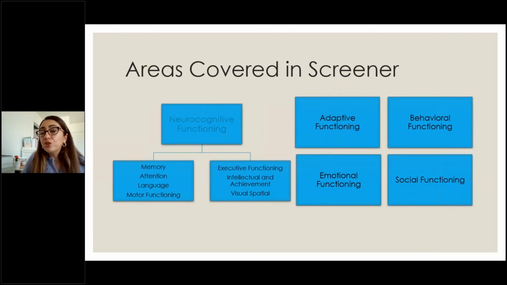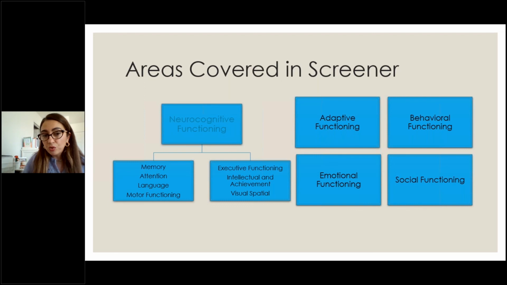So in the literature, in terms of the central nervous system domains that I've been talking about, we have neurocognitive functioning. Neurocognitive functioning is everything regarding the impact of alcohol on the brain. So we know that for FASD, the areas that get impacted are memory, attention, language, motor functioning, executive functioning, intellectual achievement, and visual spatial.